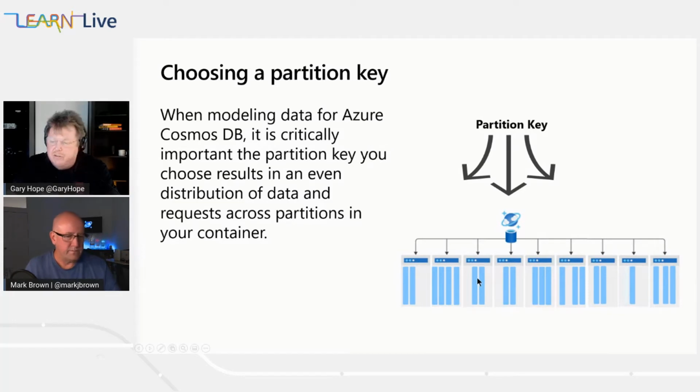So each physical partition will have a set of logical partitions within them. And we want to spread our data evenly across all of those logical partitions. This is especially true as your data grows. So when you start getting into physical partitions, data needs to reside on these separate physical partitions, and we need to know how to route that correctly.